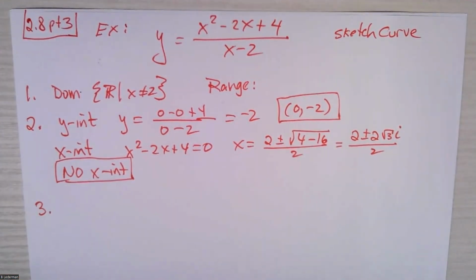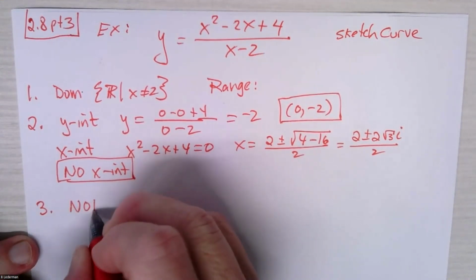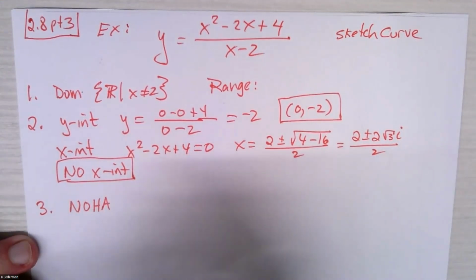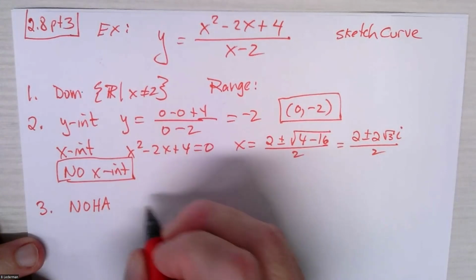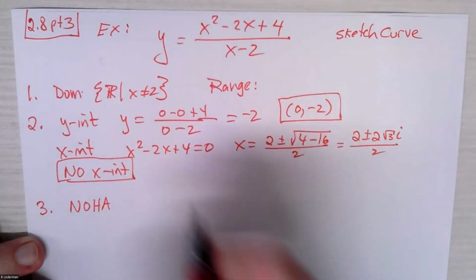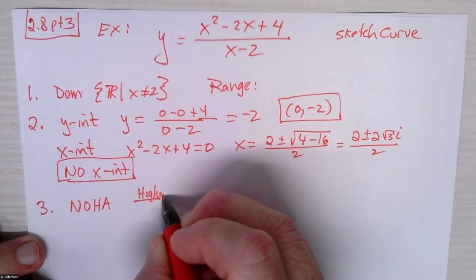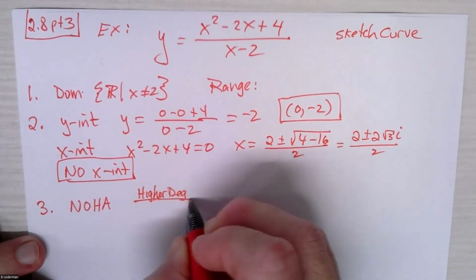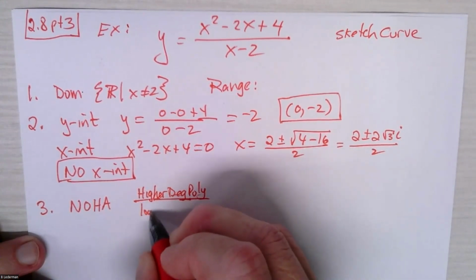Now, as far as asymptotes are concerned, there's no horizontal asymptote, and I'll tell you why. Since the degree of the top is bigger than the degree of the bottom, this is a higher degree polynomial over a lower degree polynomial.